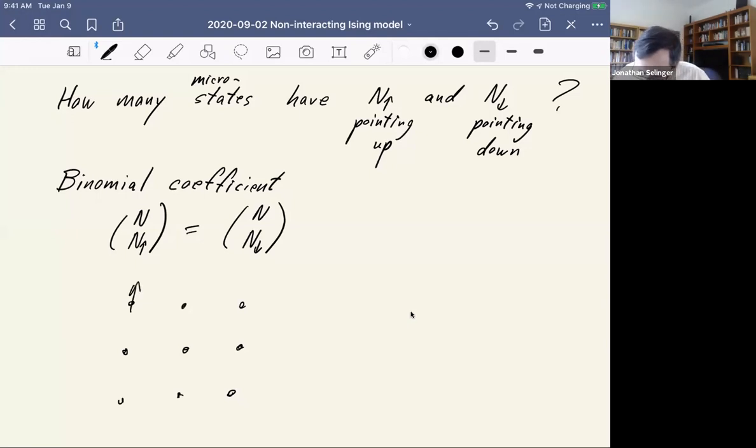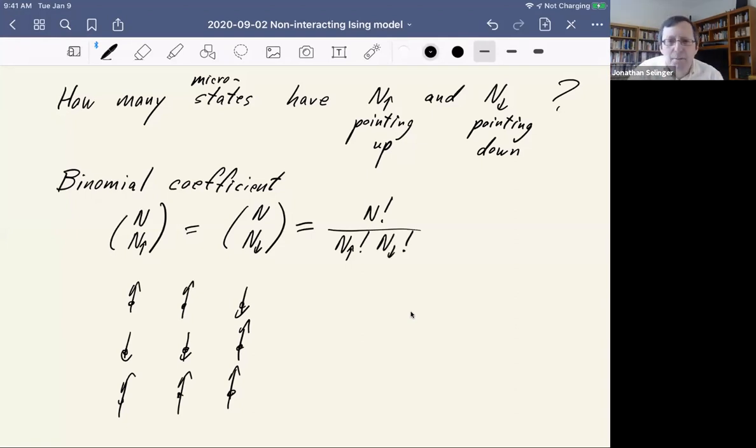I'll choose these 6 to be pointing up and those 3 to be pointing down, but I could have made lots of other choices. So this thing is equal to n factorial over n up factorial times n down factorial.